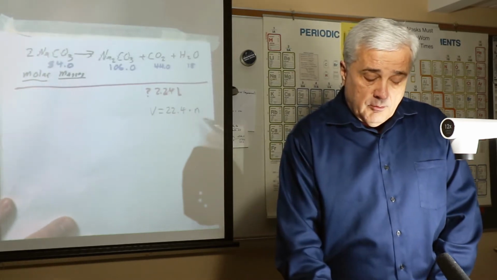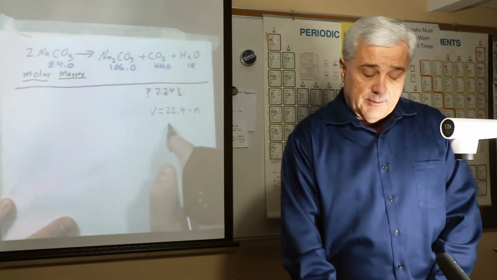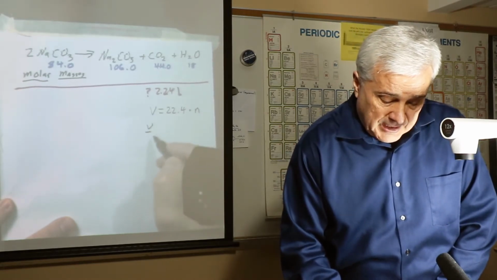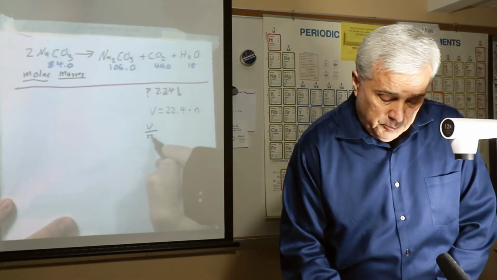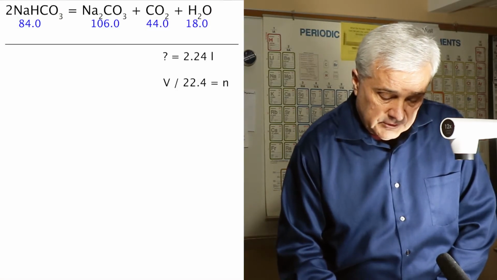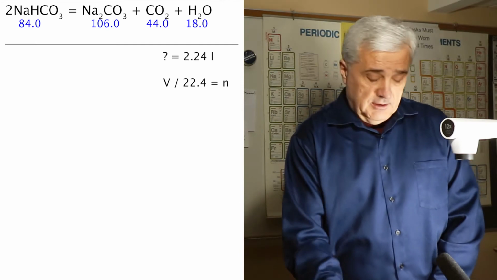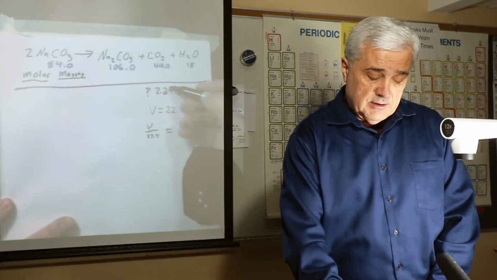If I want the number of moles, I'm going to take the volume and divide by 22.4. So V divided by 22.4 equals N.